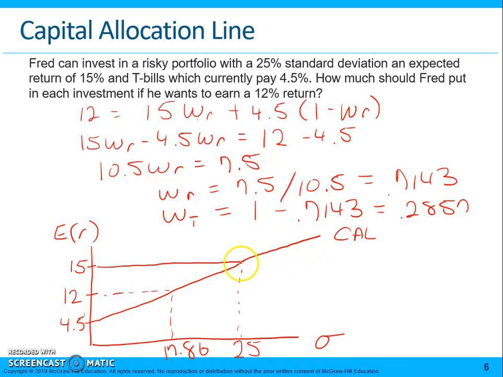So in addition to your own funds, you would be borrowing. That's how you would obtain rates of return beyond the 15%. But you would also increase your risk. So your standard deviation is going to go up as well.